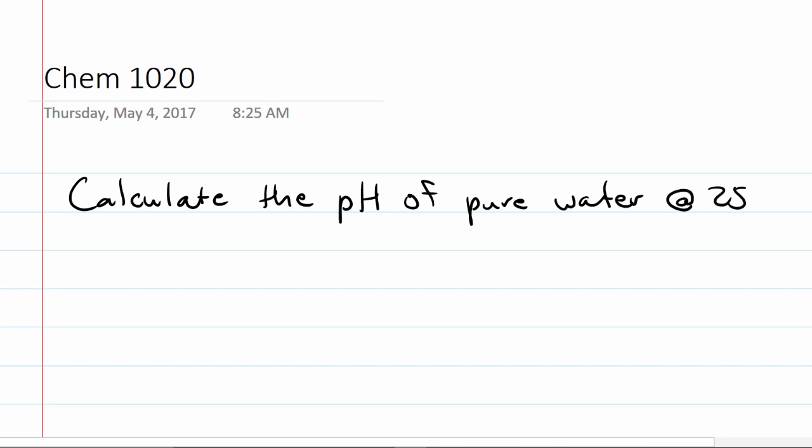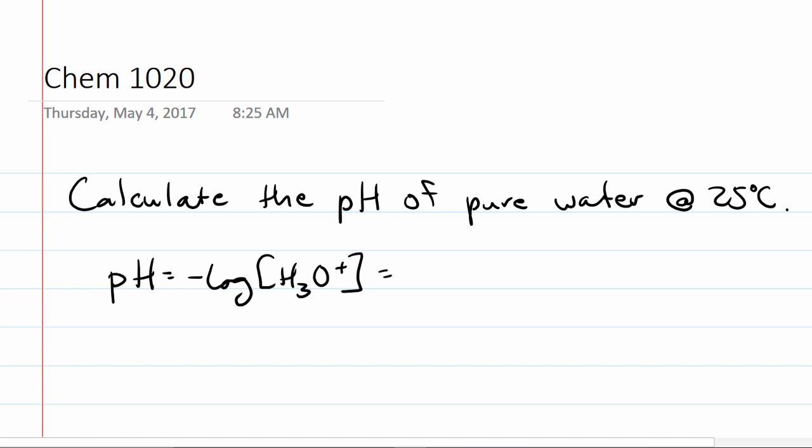Let's calculate the pH of pure water at 25 degrees Celsius. So if we want to calculate this now, our formula says that the pH is equal to the negative logarithm of the hydronium ion concentration.